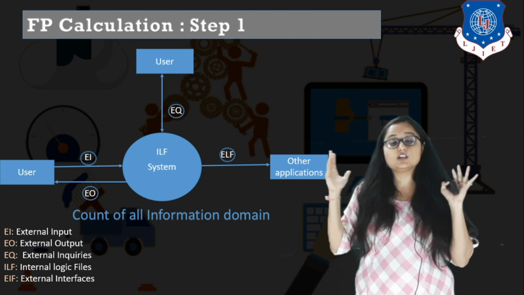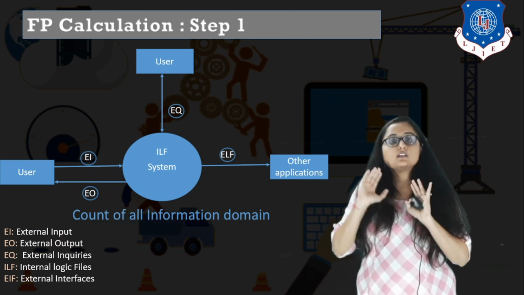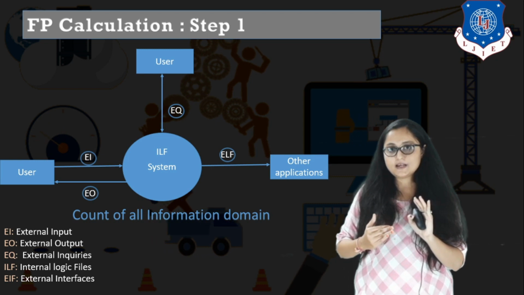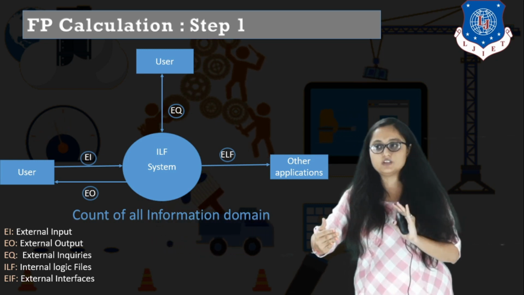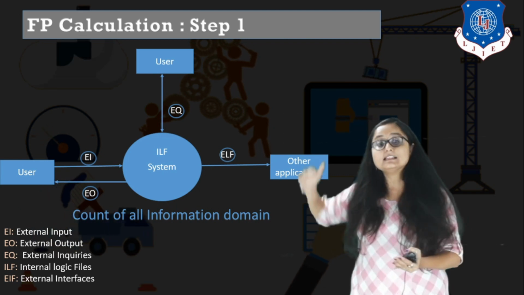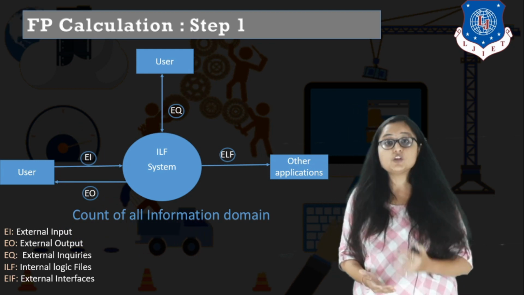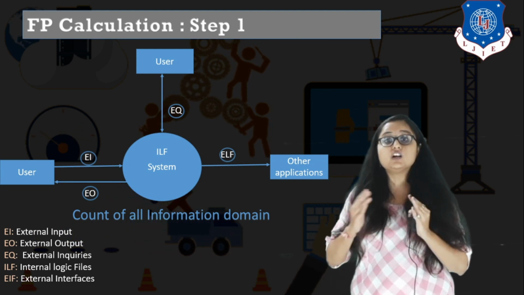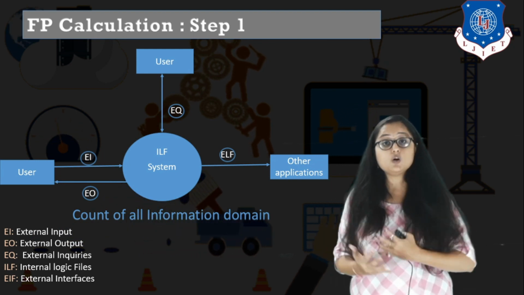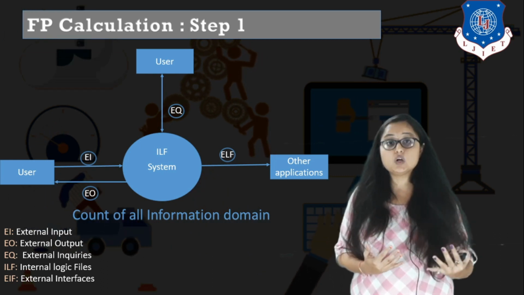Now there is a query that is being fired on the system, right? So there is an input involved in the query and there is an output involved with that query. So the input and output combination based on a query, that is known as an external inquiry in your system. You have to count how much filtration, how many queries, how many input-output combinations are allowed in your system.